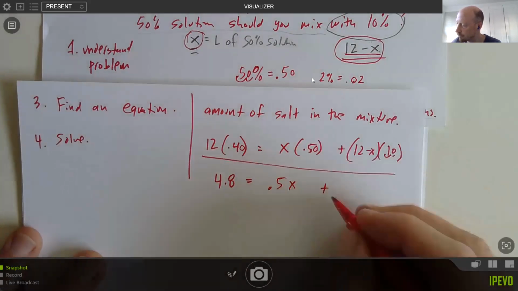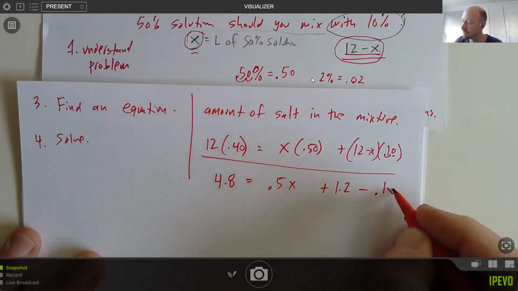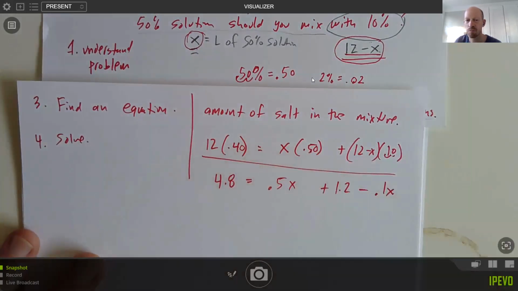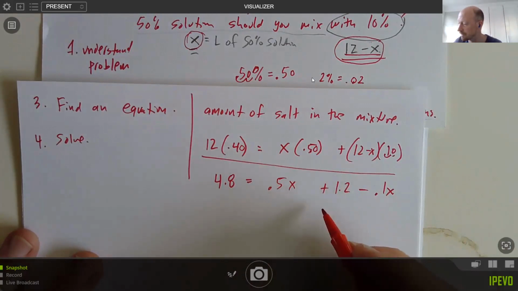0.1 times 12 is 1.2. 0.1 times X is 0.1X. You could get rid of the decimals by multiplying everything by 10 if you really don't like decimals, but I think these decimals are not too hard to work with myself.